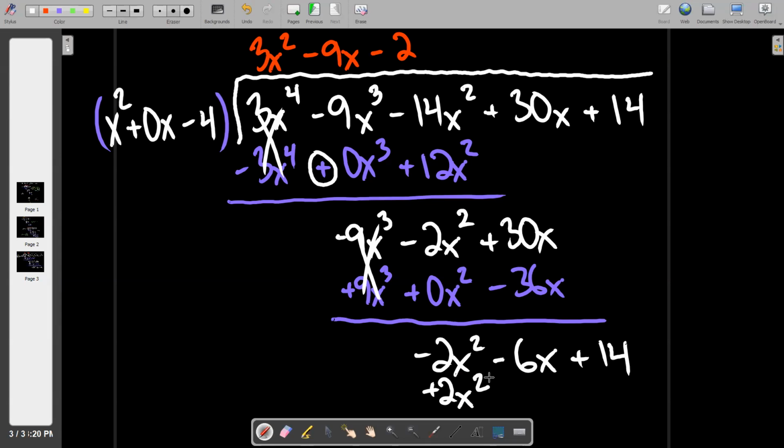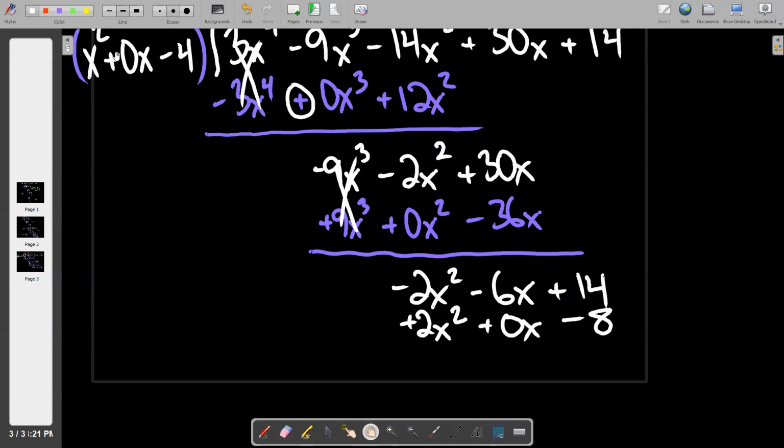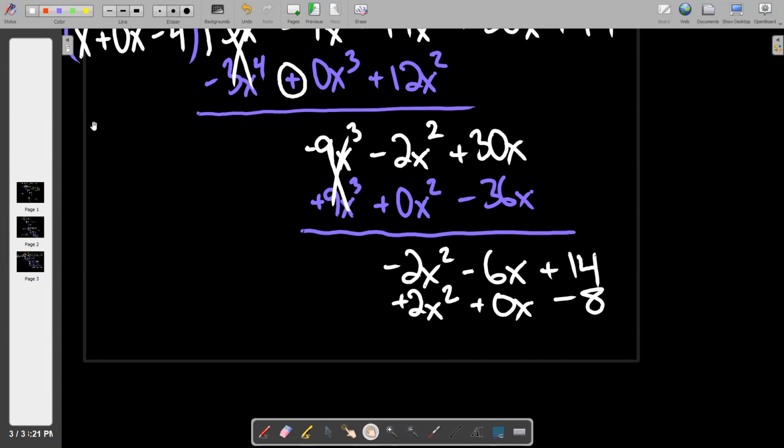Next up is negative 2 times 0x, which is 0x. So put plus, put minus, doesn't matter. And then finally, what is negative 2 times negative 4? Positive 8. So we're going to write minus 8, right? And you can see clearly here that we are indeed going to have quite a remainder.